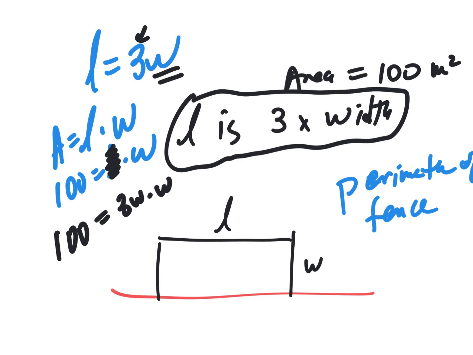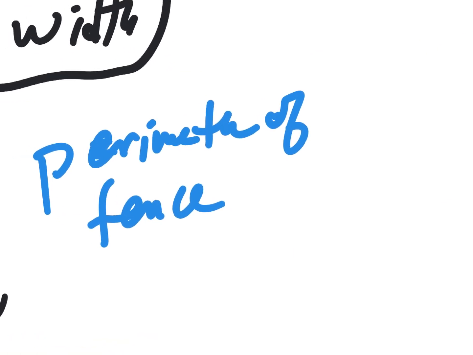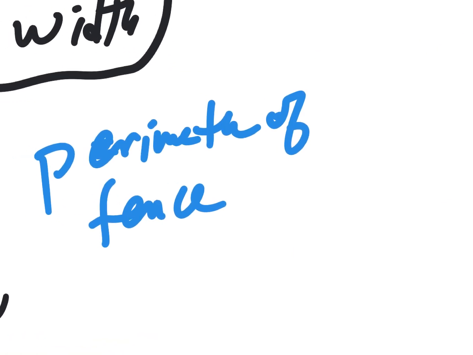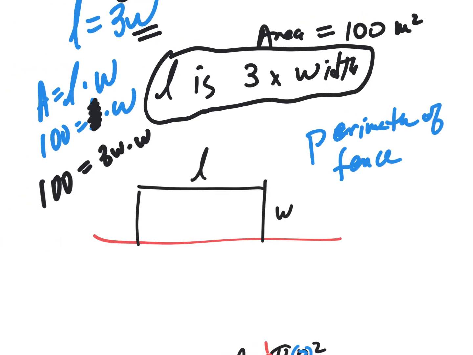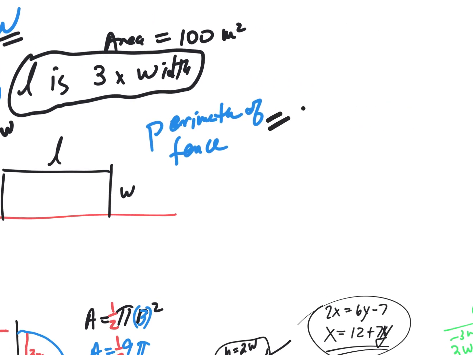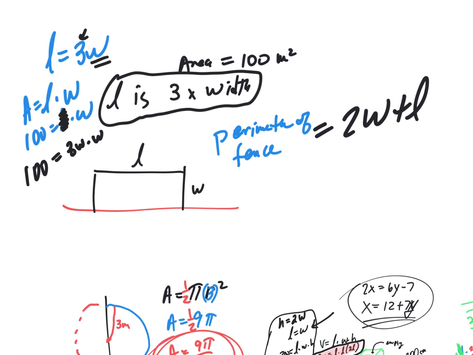That's the width. I could absolutely see a question where we said, what's the perimeter of the fence? Well, then you'd have to say, okay, then I need to find the length and the width, and then take 2 W's plus an L. And my W I solved right here.